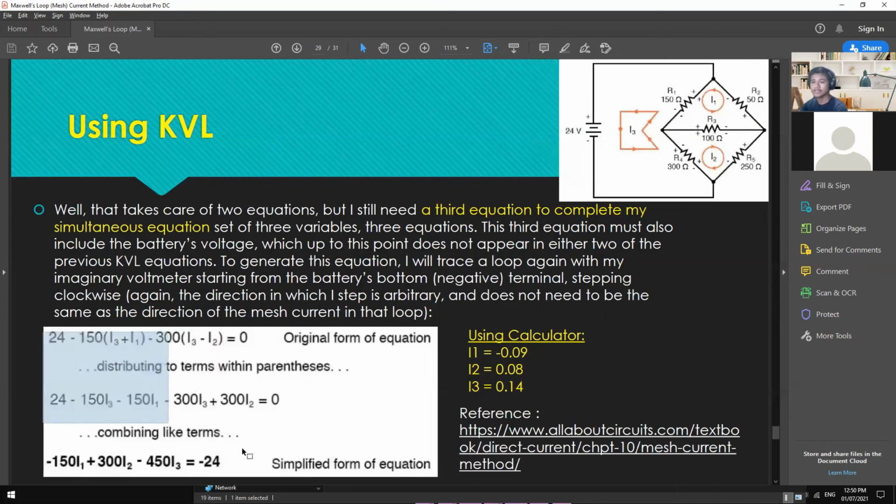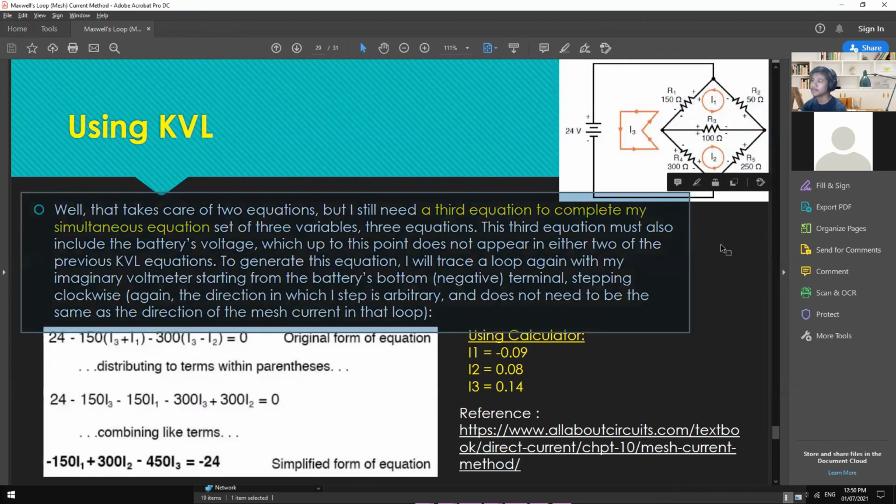So moving on to the last equation on the I3. We're still dealing with the outer sign. So we have here positive 24, minus R1 or negative 150 times I3 plus I1 since they have the same flow of current.